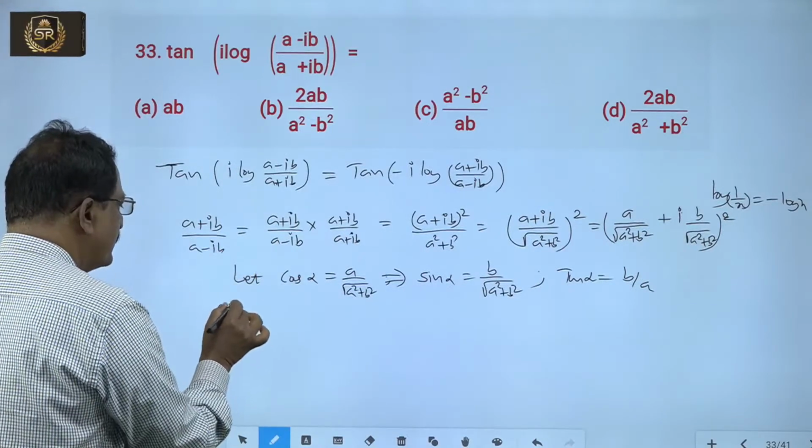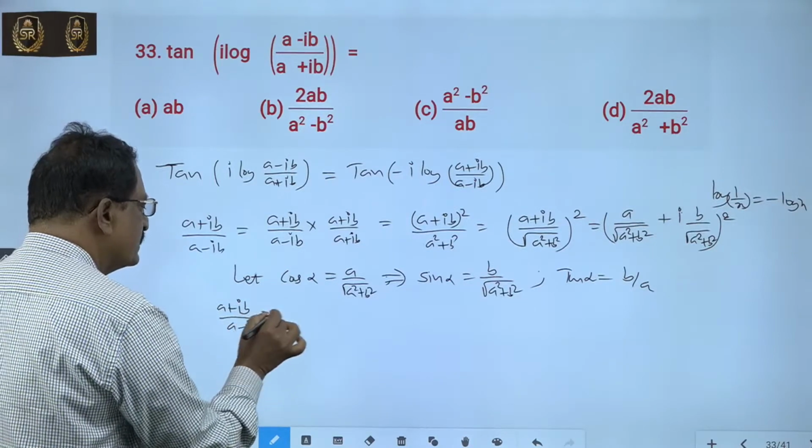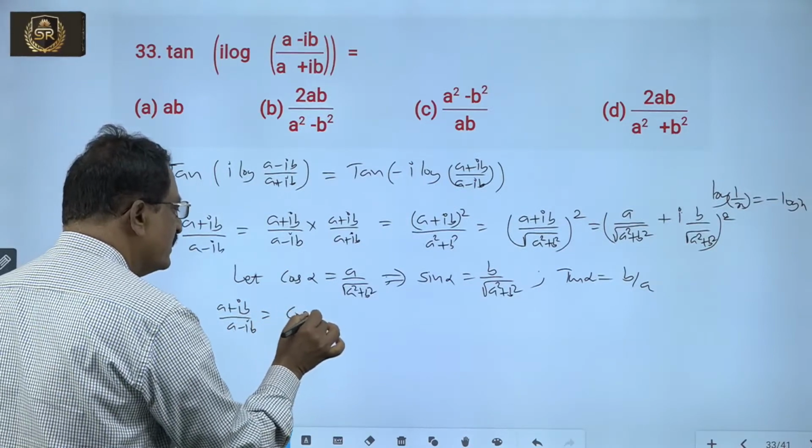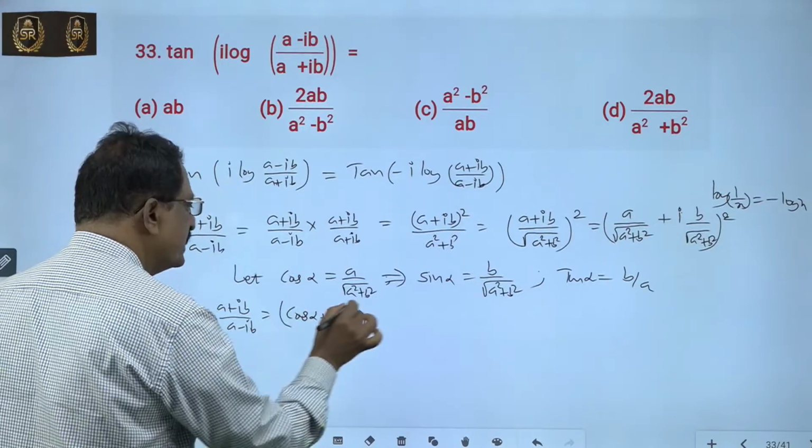Therefore (A plus iB) by (A minus iB) equals (cos alpha plus i sin alpha) whole square.